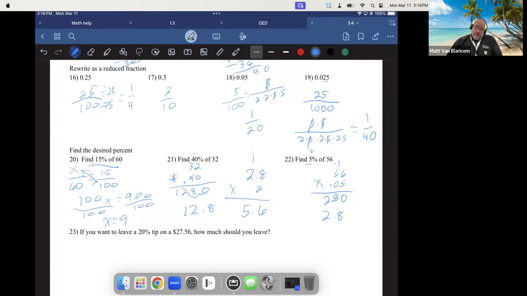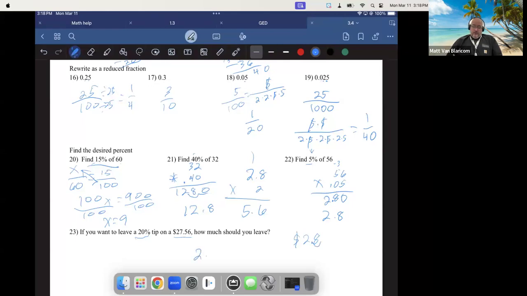The next question, you want to leave a 20% tip on a bill of $27.56. Well, if that were me, and being me, I always round up. So this won't be the exact answer, but I'd say, okay, that's 28 bucks. Now, 10% of that, I'm just going to move that over, right?